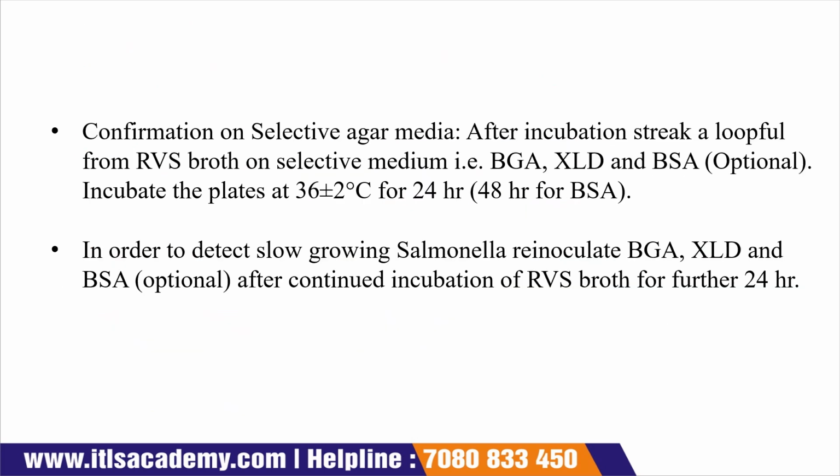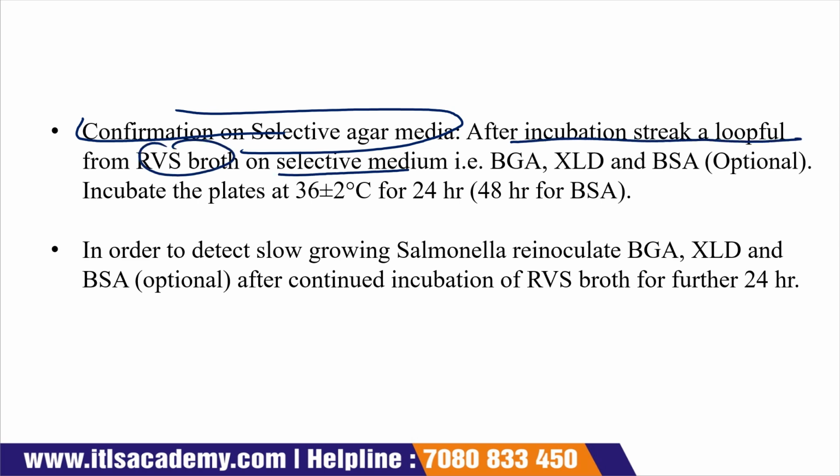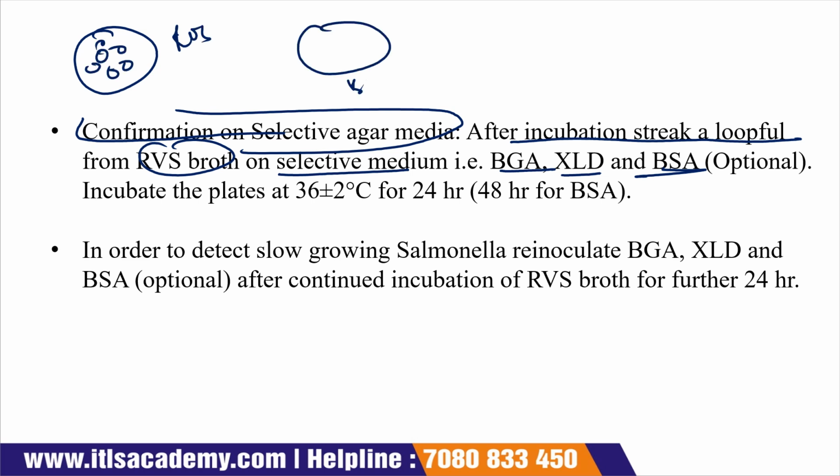Now the next is your confirmation on a selective agar media. After incubation, streak a loopful from RVS broth on a selective media, that is BGA, XLD or BSA. Suppose that this is your RVS broth in which there are colonies. Now this is your BGA plate, this is your XLD plate.